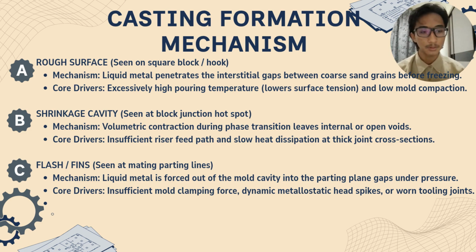When this happens, the metal is pulled away from the center, and if there isn't any extra liquid metal available, it shrinks and leaves a void, a hole in it. That's why it causes what we call a blowhole.